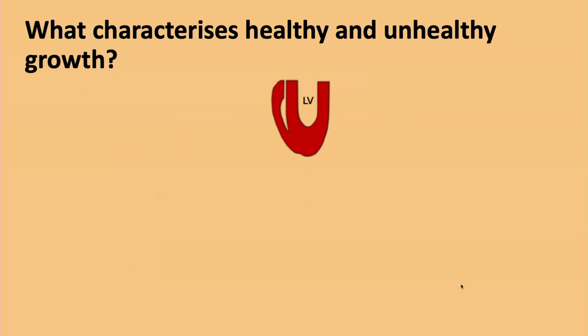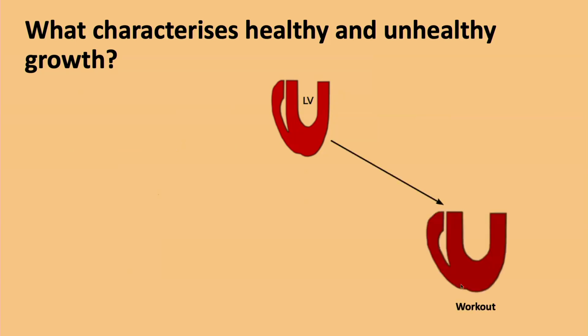So what we want to answer now is what triggers growth, essentially, and also what characterizes healthy and unhealthy growth. You can, for example, work out, and then you're going to have a bigger heart. You're going to have a thicker heart wall and a bigger cavity, because you're pumping more blood per pump and you need more blood in the heart for every pump.